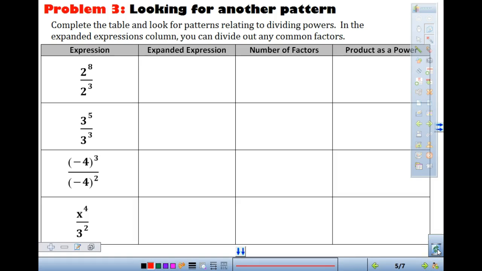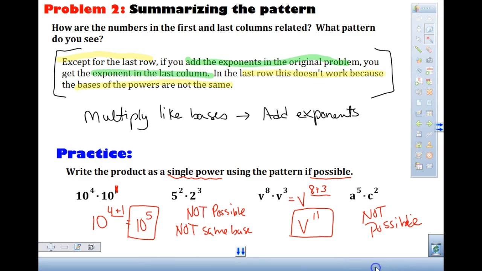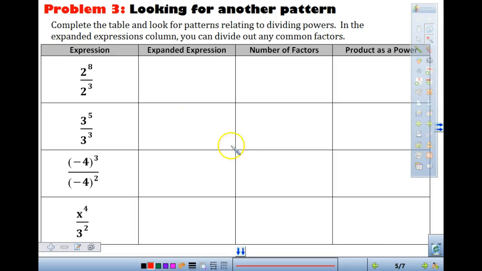All right. So top of the next page, we look at division. So, expanded expressions, right? Put your fraction bar, and as we look at our fraction bar, how many 2's should I see on top? 8 2's and 3 2's on the bottom, right?